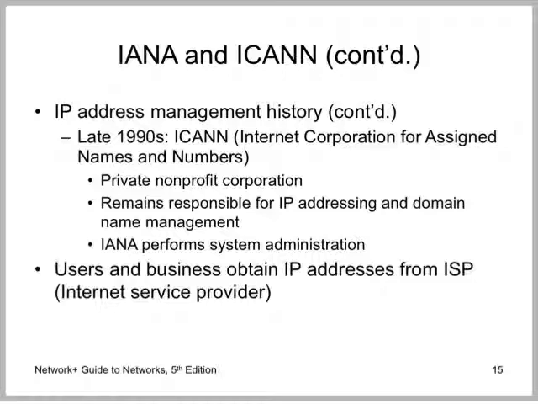Now it's more privatized, kind of like Fannie Mae and Freddie Mac. And so they are now private nonprofit. They remain responsible for IP addressing and domain name management. Like I said, every domain name from Google to Yahoo to MSN to your local business website has its own IP address, and these are the folks that oversee all of that.